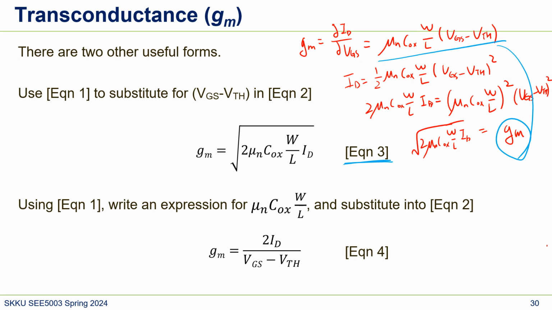Depending on the situation, sometimes we use this form of GM, or sometimes we use the equation 3 form of GM. The other one, if you do some calculation and do the math, is what we got. So there are three forms of the equation.